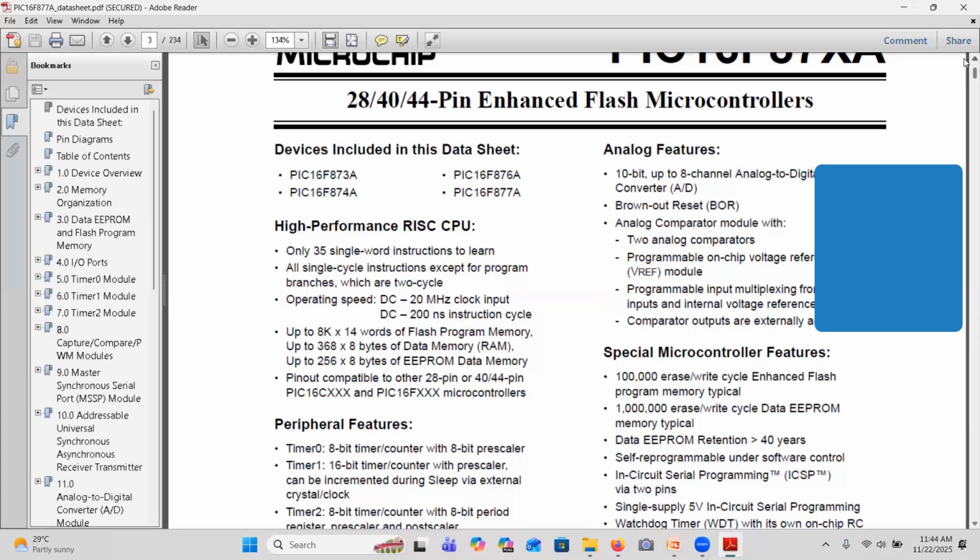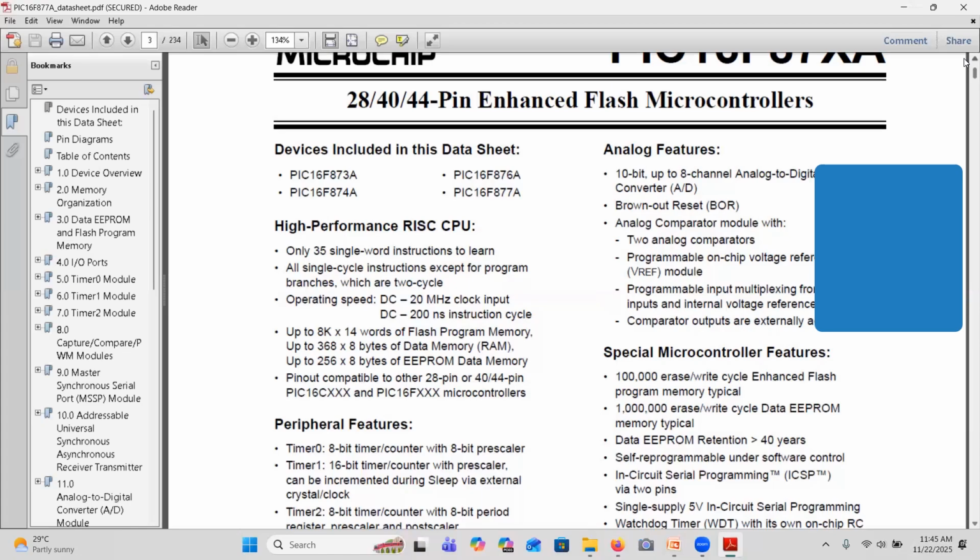Is it clear? 8-channel analog to digital converter with 10-bit resolution. Resolution means a maximum of 10 bits are provided to represent the digitized value. Got it now?